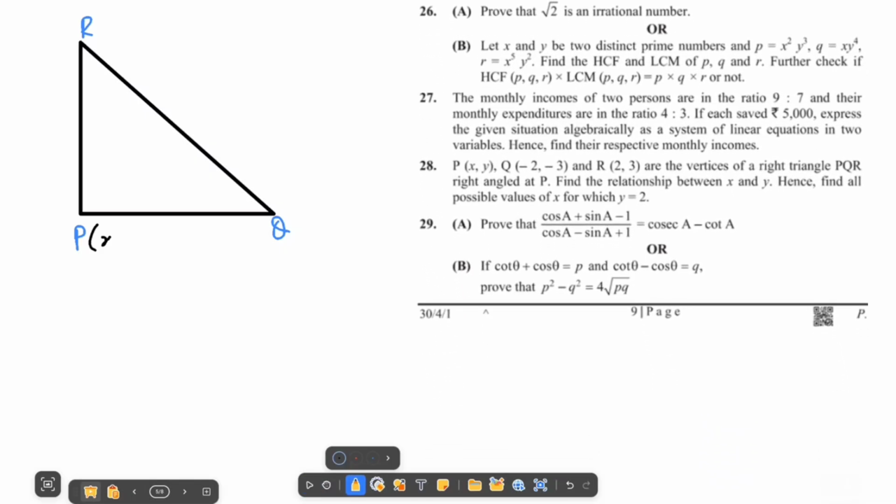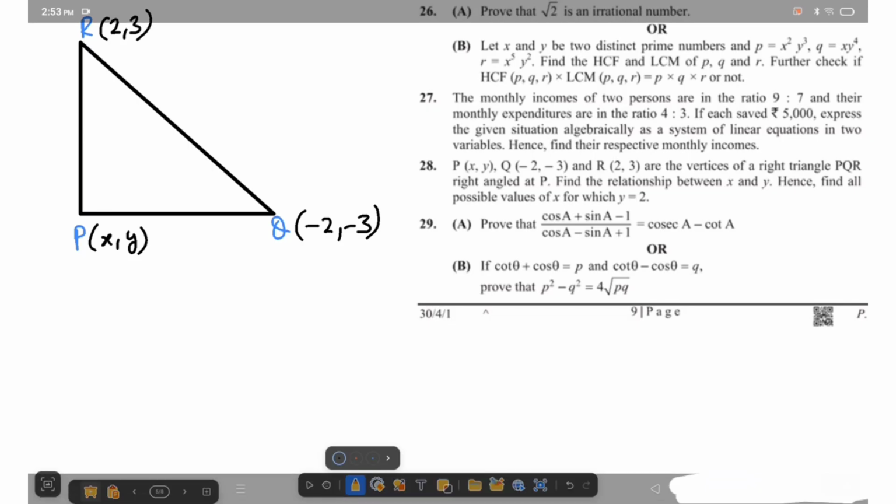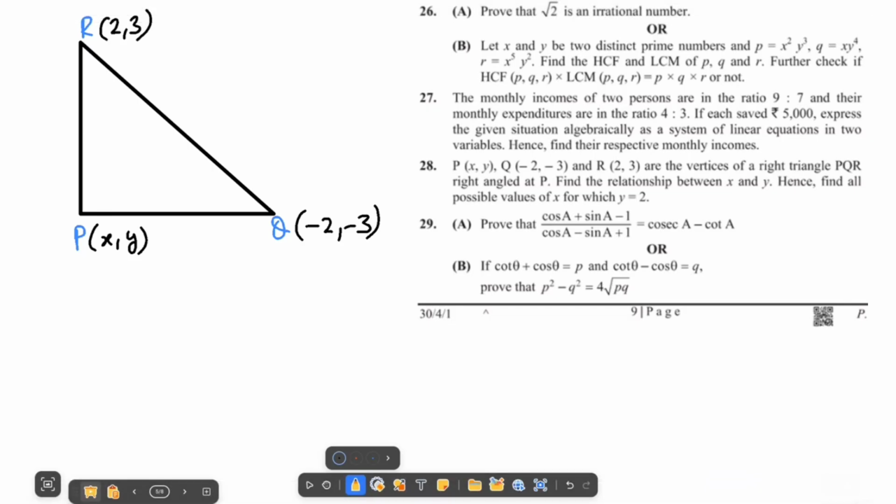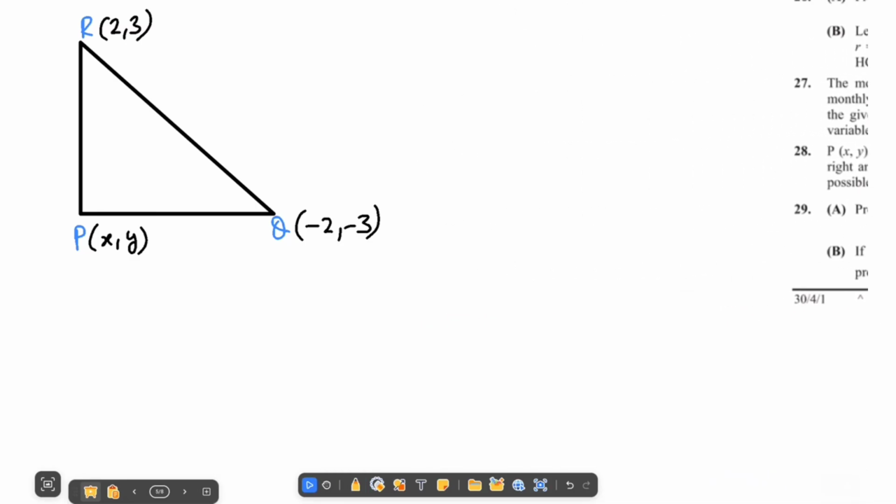So P coordinates are x comma y and Q coordinates are minus 2 comma minus 3 and R coordinates are 2 comma 3. So we have to find the relationship between x and y. To find the relationship between x and y, we have to find the distance of PQ, QR and PR. So let's find the distance between PQ.